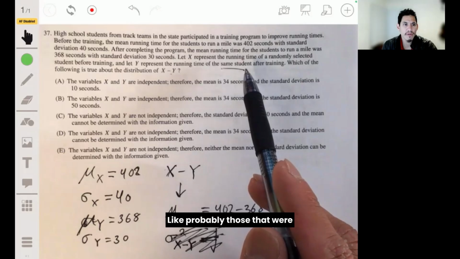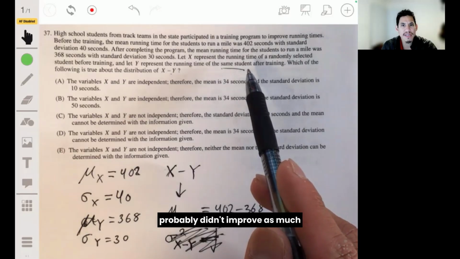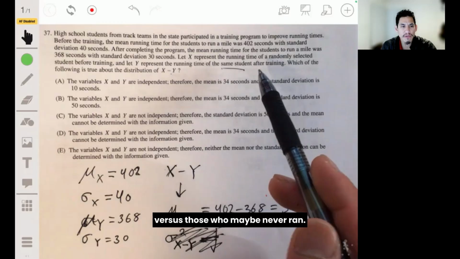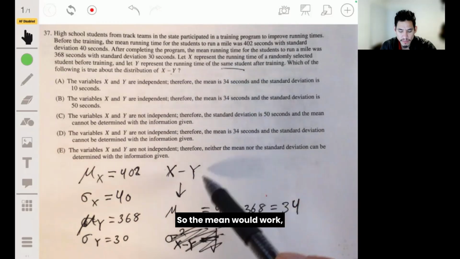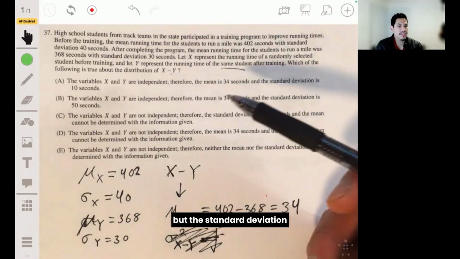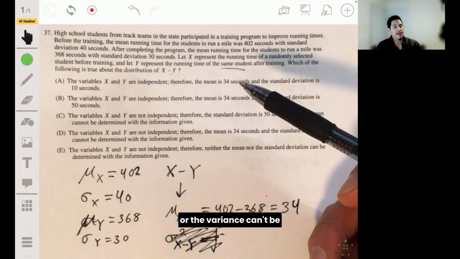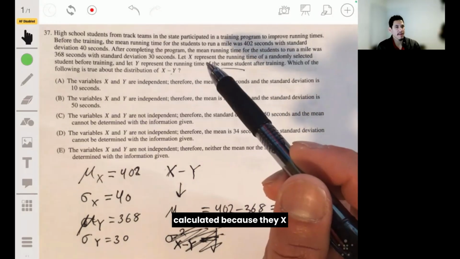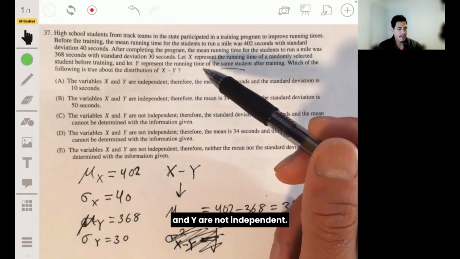Like, those who were in really good shape to begin with probably didn't improve as much versus those who maybe never ran. So the mean would work, but the standard deviation or the variance can't be calculated because X and Y are not independent.